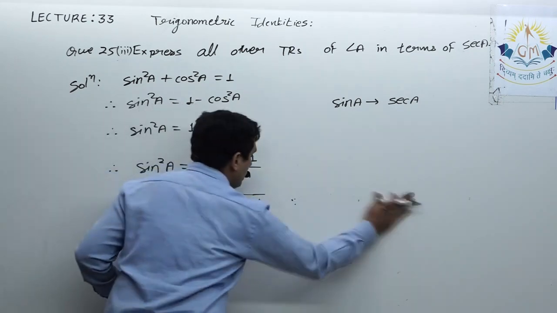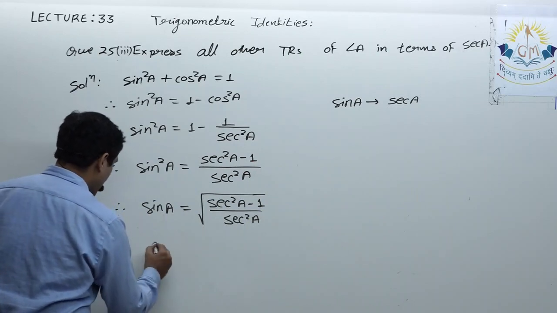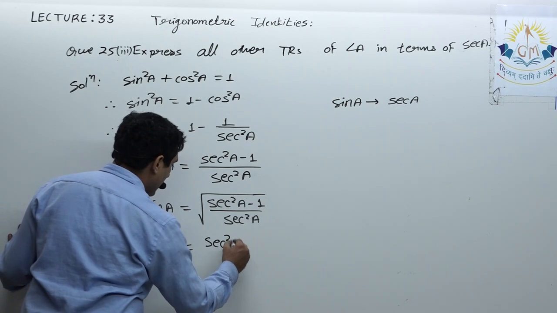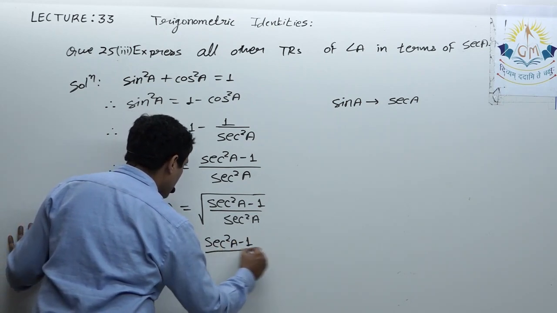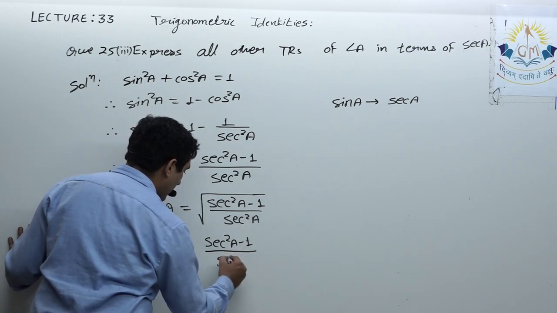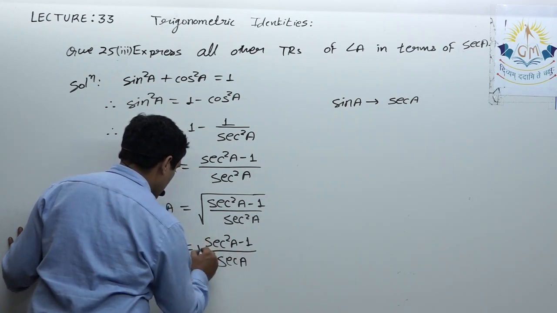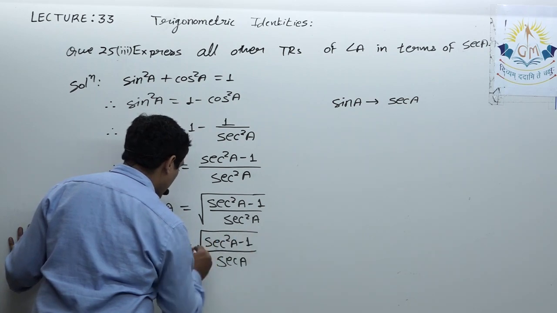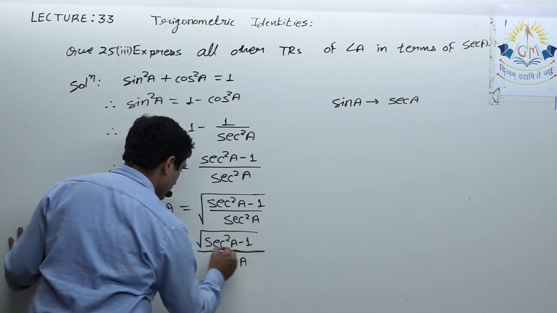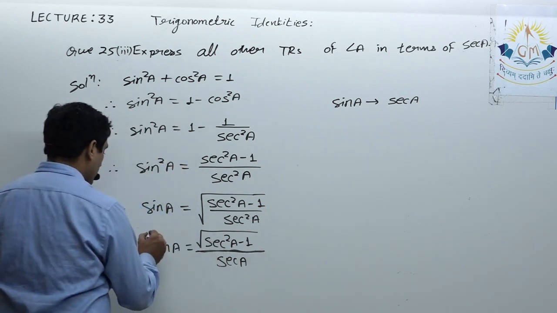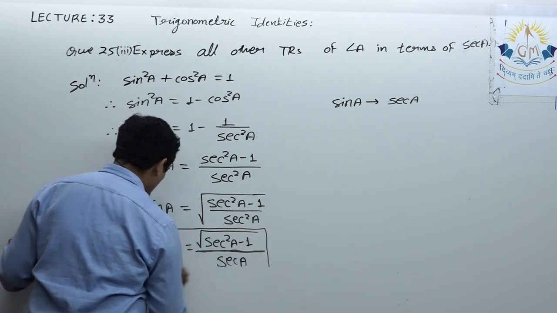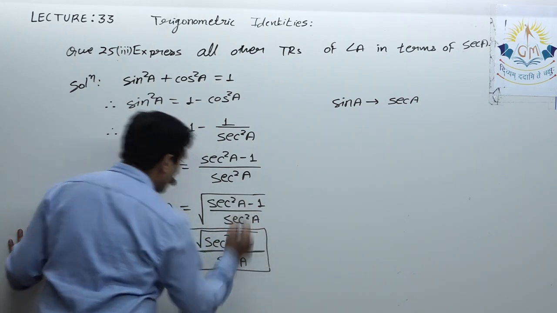So sin A is equal to root of sec square A minus 1, over, in the denominator, definitely it is a complete square, so I write sec A. Over here I will apply the square root sign. So this is sin A expressed in terms of sec A.